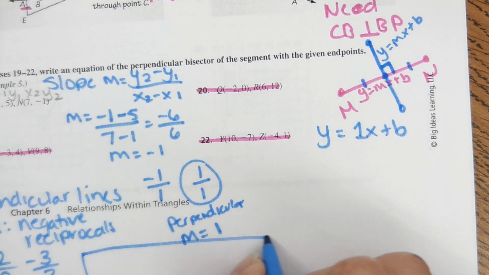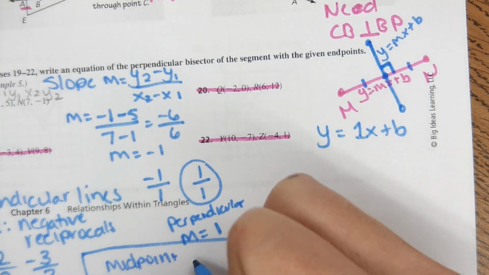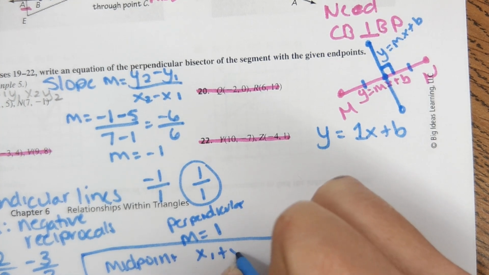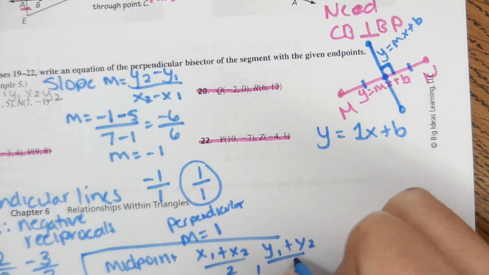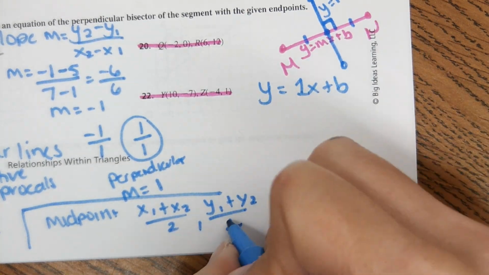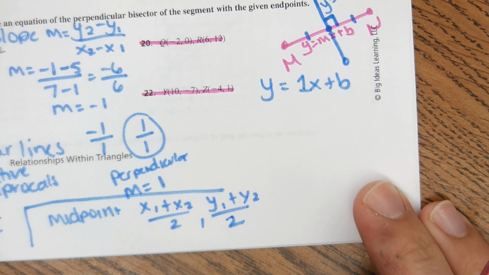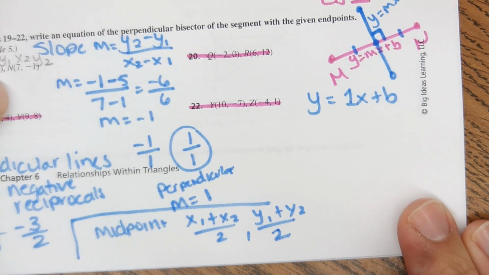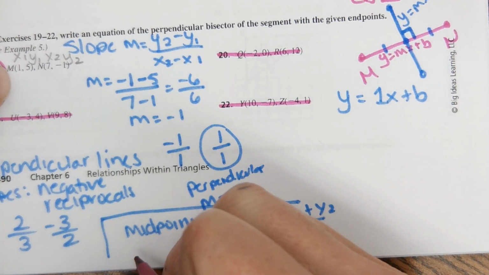I know I'm jumping ahead for a lot of you, so we need the midpoint. The equation for midpoint is x1 plus x2 over 2, y1 plus y2 over 2. Using these points, I'm running out of room.